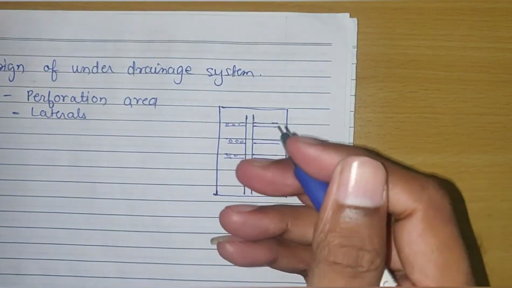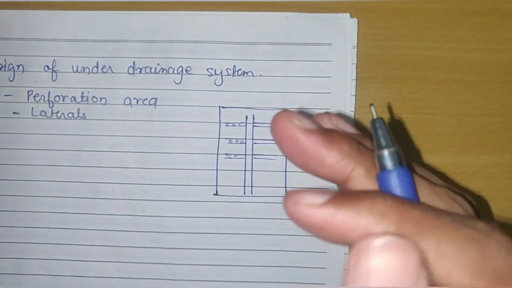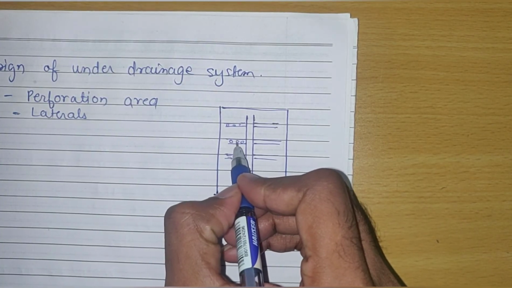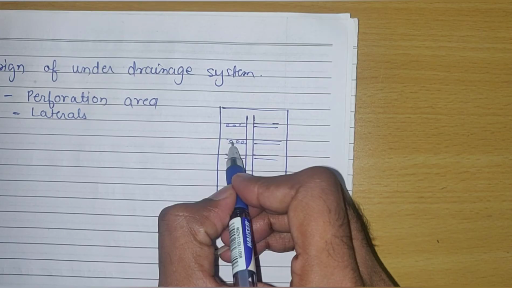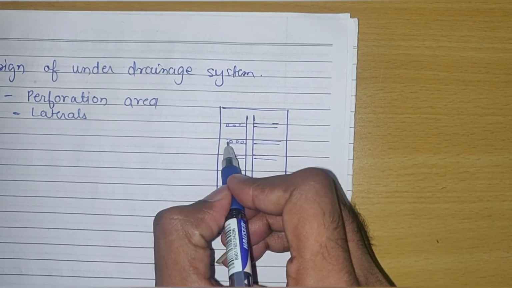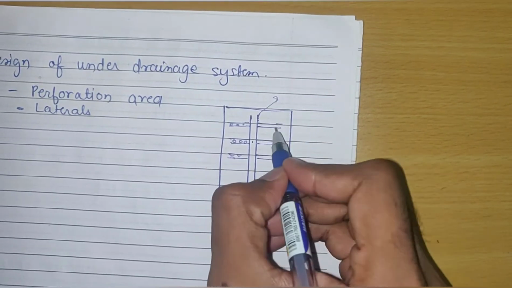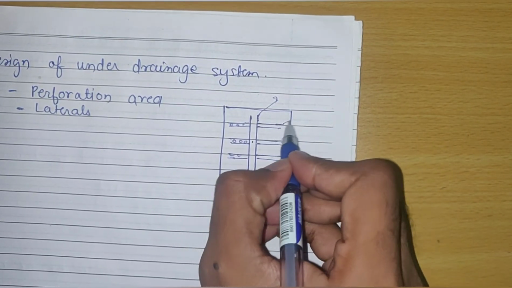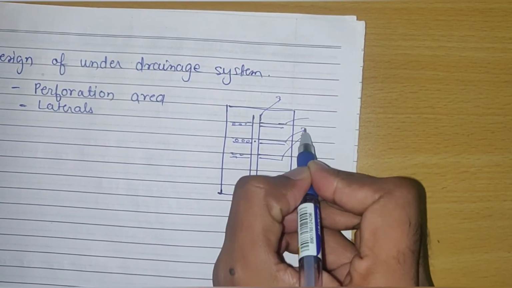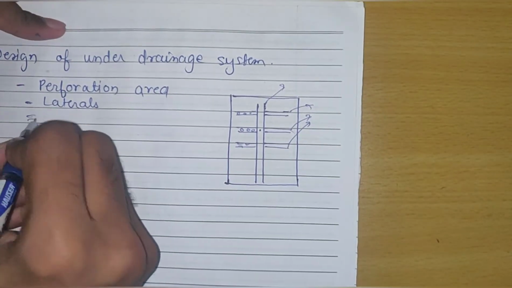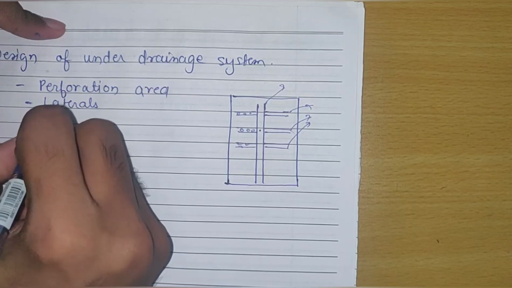The water after the filtration will go into the laterals through these perforations, and these laterals will transport the water to the manifold. The central pipe is the manifold, and the smaller pipes are laterals, which are ultimately connected to the manifold. So first laterals, then manifold.